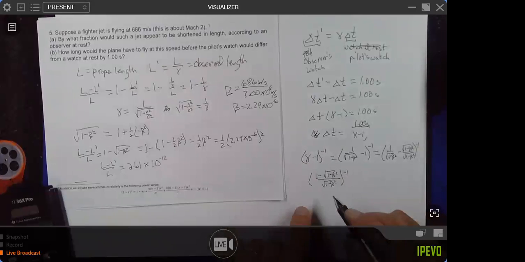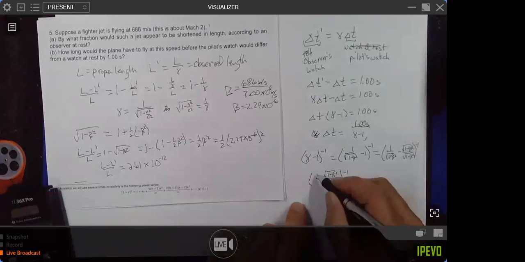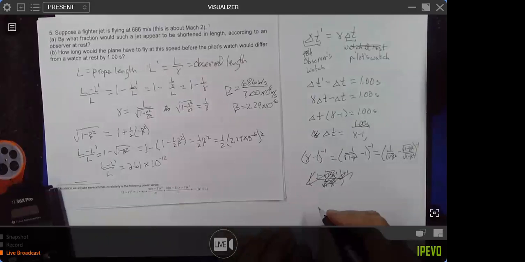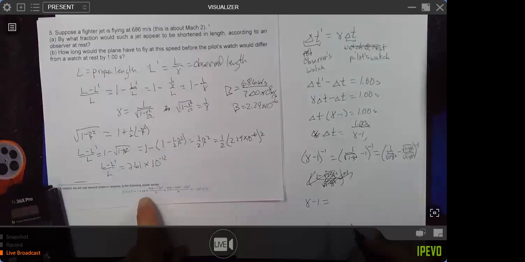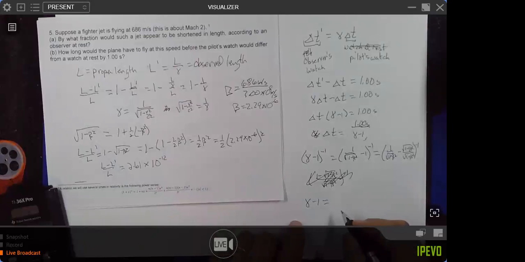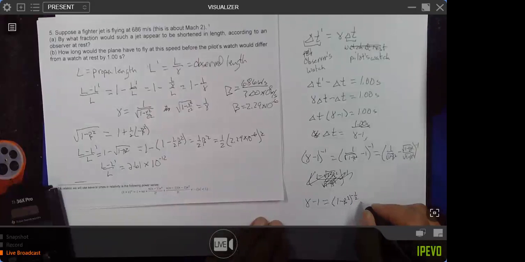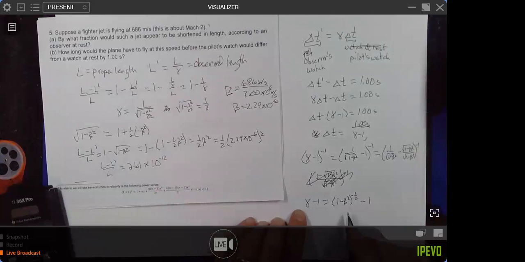Maybe just doing the gamma minus 1, expanding that. This is looking messy. So gamma minus 1. Expanding gamma, we found out that when you have pretty low speeds, I'll be expanding 1 minus beta squared to the minus 1/2, minus 1, because gamma is 1 over the square root of 1 minus beta squared.